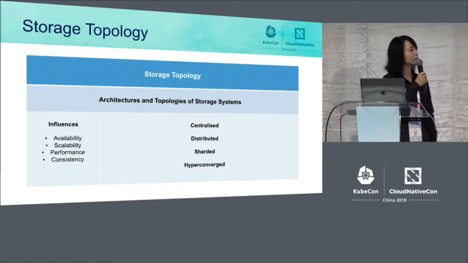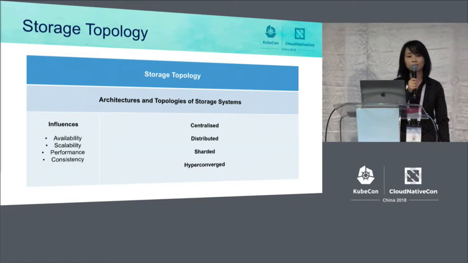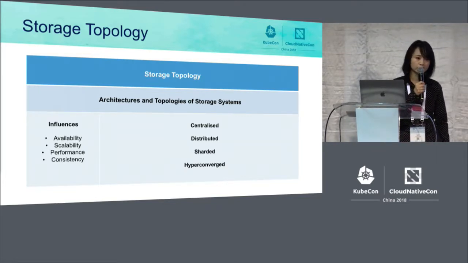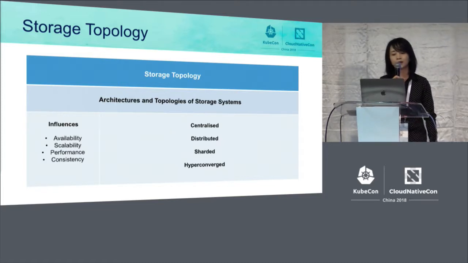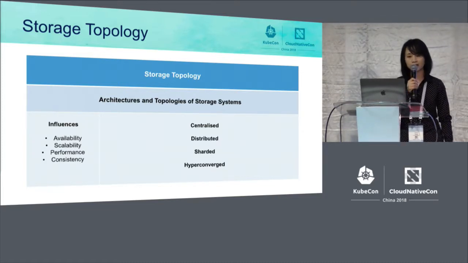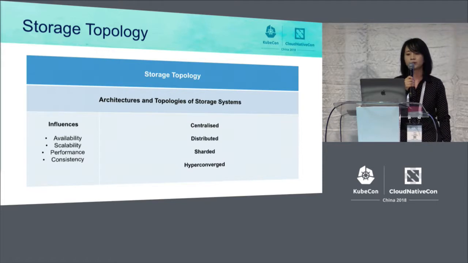And the other topology is hyperconverged. So in this topology, usually you would have compute and storage resources deployed together on the same node. Usually you would have a few nodes clustered together to form a pool. Usually it uses software storage components on commodity compute nodes.